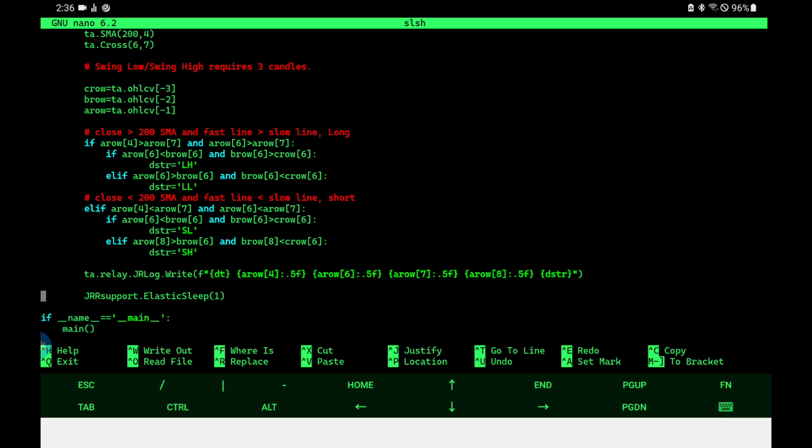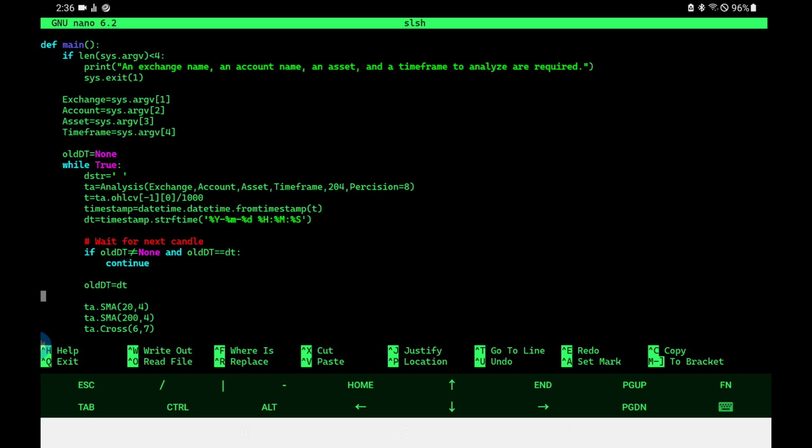And then we go back and we repeat the process. We wait until the candle actually changes and we get a new candle pattern, meaning we are 1 minute later or 5 minutes later or whatever we have defined on our time frame on the command line.